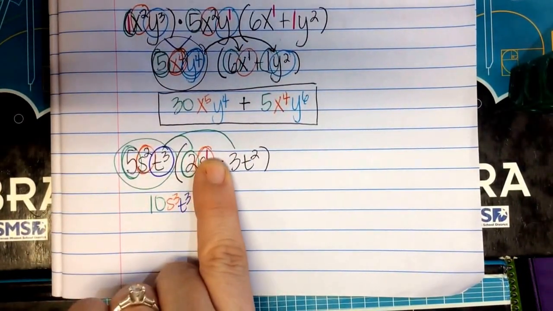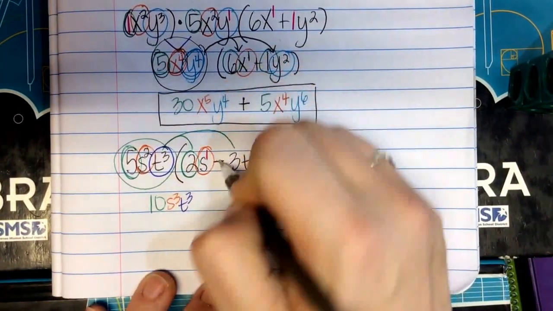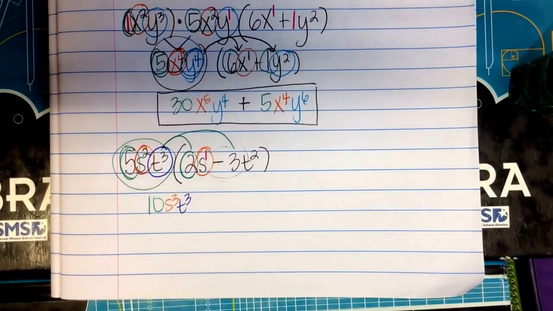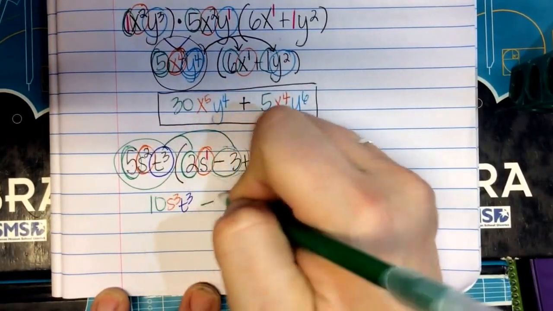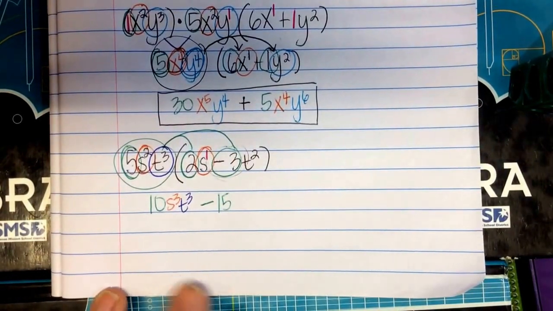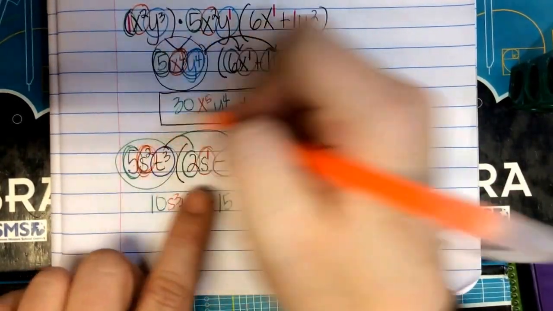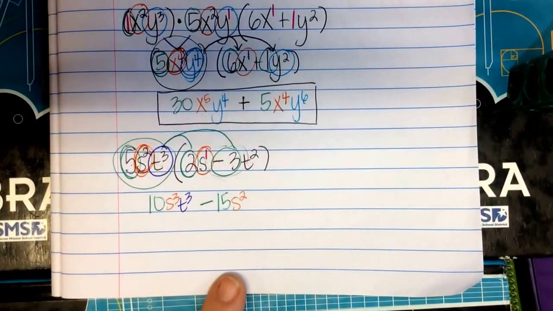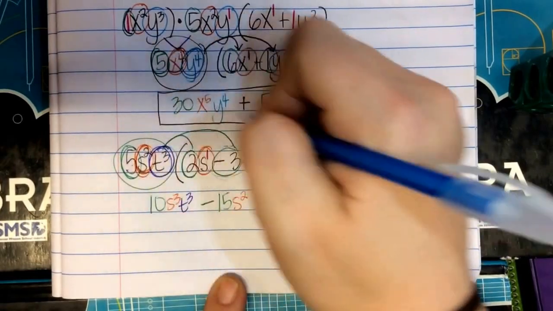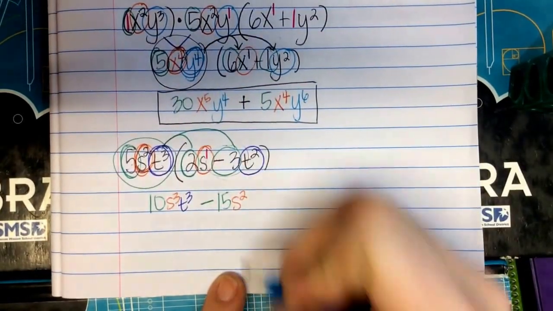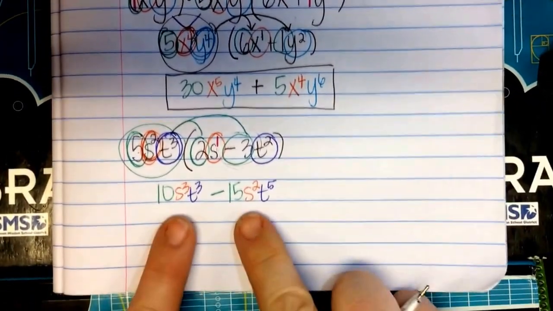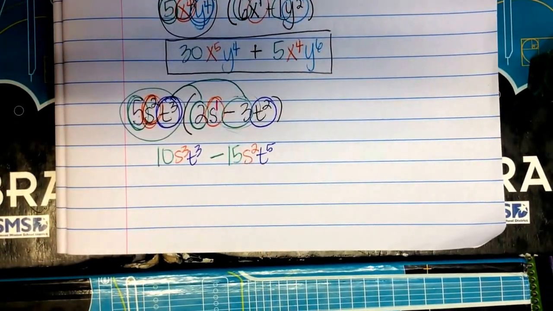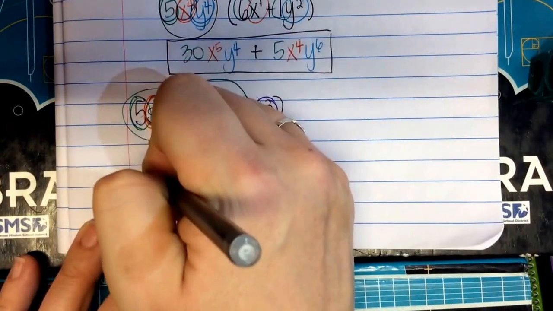There's a minus sign, right? Negative 3. 5 times negative 3, negative 15. S squared times nothing, so s squared. And t to the third times t squared, t to the fifth. Are these different? Yes, so I cannot combine them, so we are done. That's your answer.